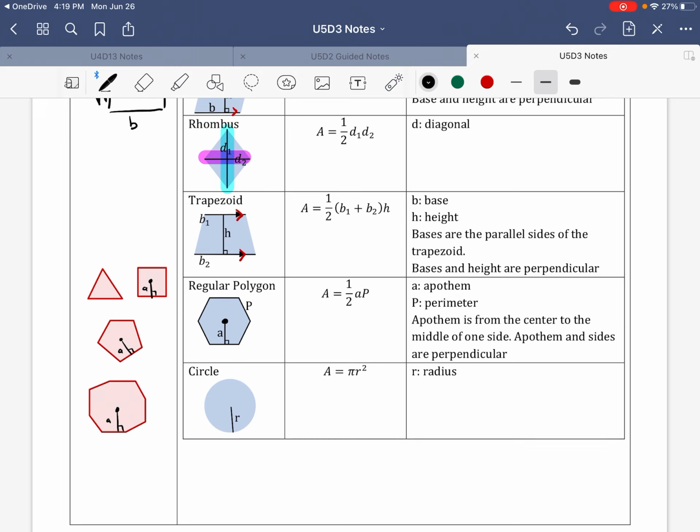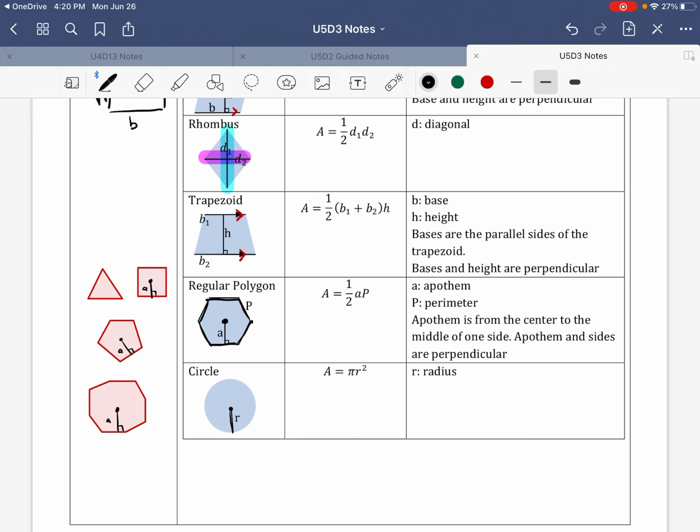And our P represents the perimeter. So we can find the perimeter by adding up all of the individual side lengths and then multiplying it by 1/2 and the apothem. And in order to find the area of a circle, we use the equation pi r squared, where r represents the radius. The radius is from the center of the circle to the outer edge of the circle.